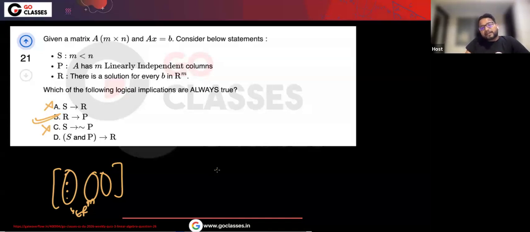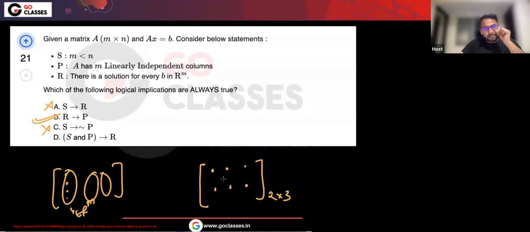Right? Now let's check option D also. D is saying S and P. S means this and P means this: A has M linearly independent columns. Let's suppose this is 2 cross 3, so M is less than N. P means two linearly independent columns, so 2 rows and 3 columns.